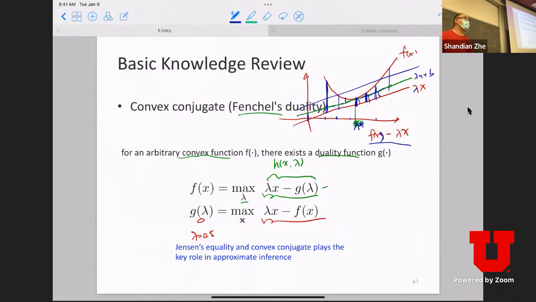They have the same length. So when you move away from x star, no matter if it's to the left or right, you always have extra length beyond that tangent line. So it will be bigger than this particular small piece of segment.